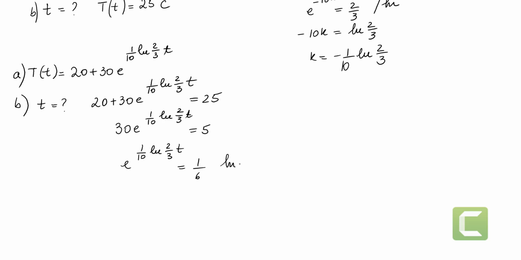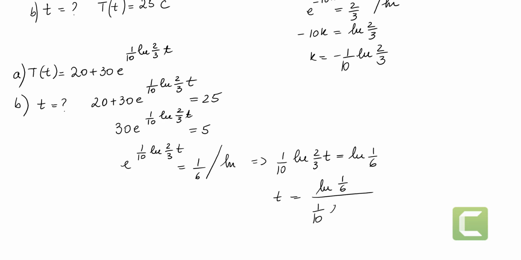I apply natural log to both sides, so 1/10 ln of 2/3 times t equals ln of 1/6. So t is ln of 1/6 over 1/10 ln of 2/3, which I can rewrite as 10 ln of 1/6 over ln of 2/3.